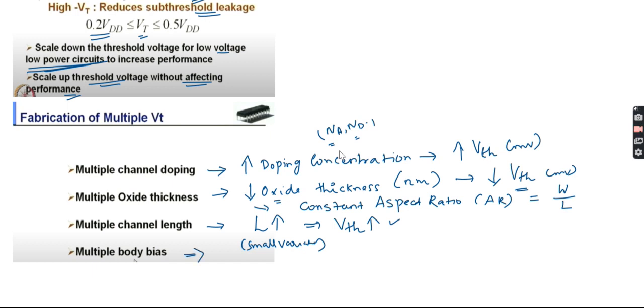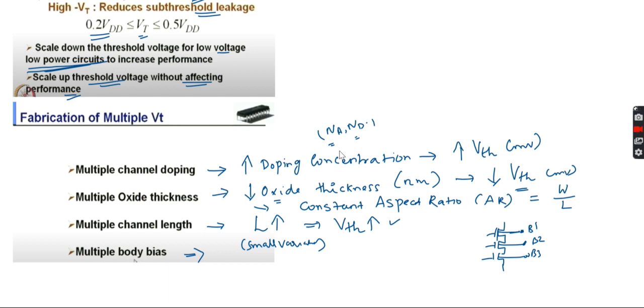Multiple body bias means, normally, as you know, body bias is initially 0. When your transistors are connected in series like this, you need to consider the body bias. This is one bulk, this is one bulk, this is one bulk, so I can say substrate, simply B1, B2, B3.